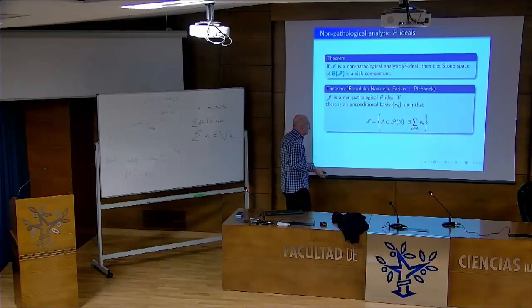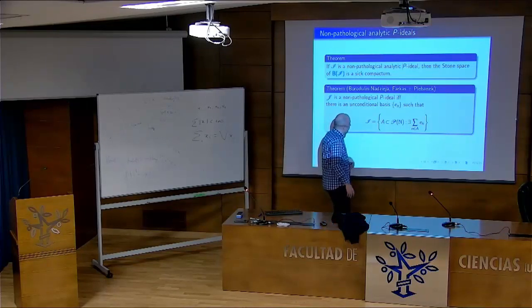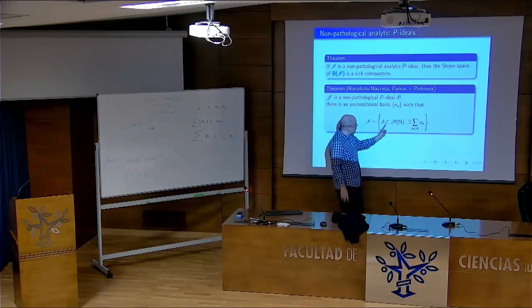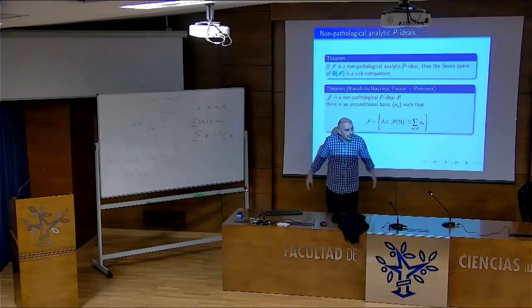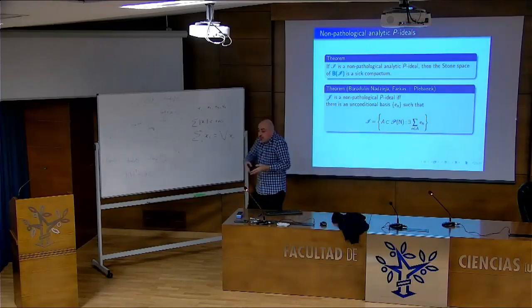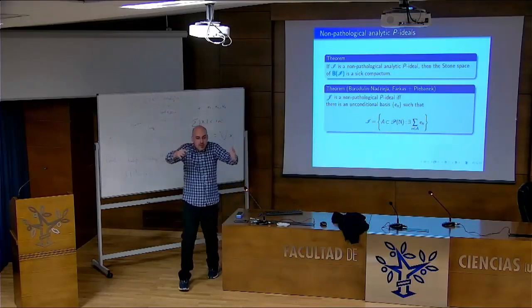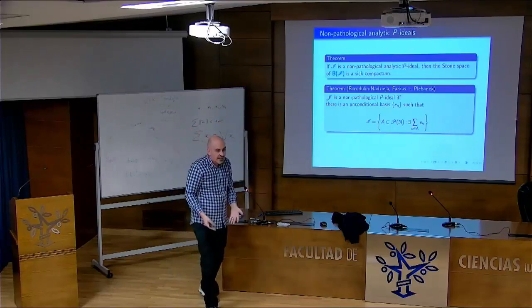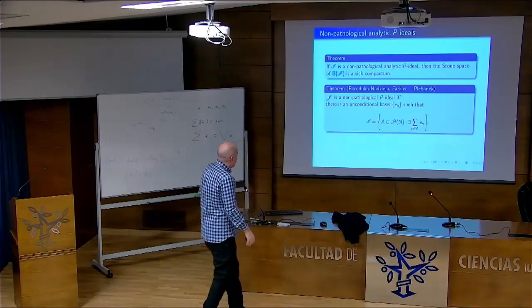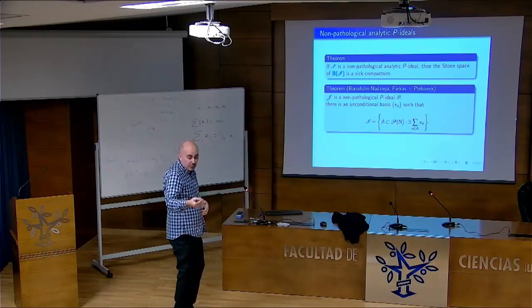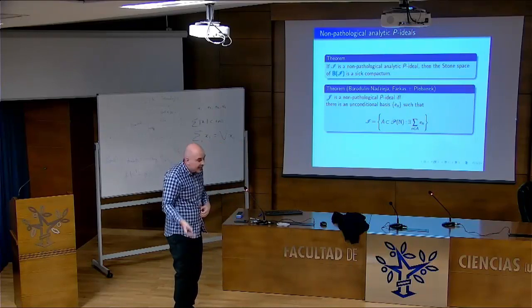And they work with unconditional bases. And they ask the following. Given an unconditional basis, look at the subsequences of my unconditional basis for which I can sum the vectors, so a certain family of subsequences you will be able to sum and get a vector in your space. It is easy to see that it is an ideal, actually an analytic ideal.